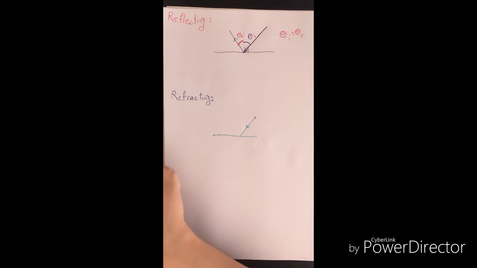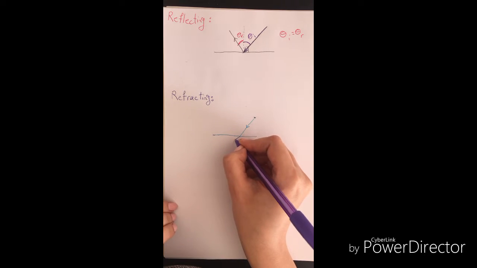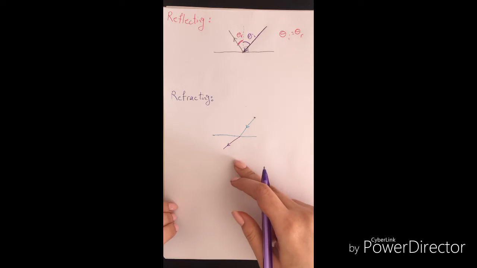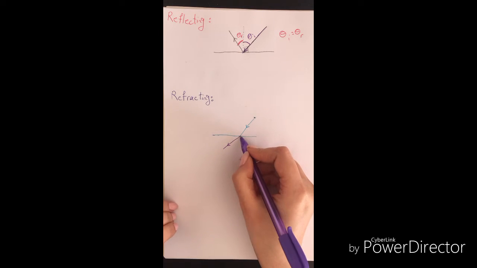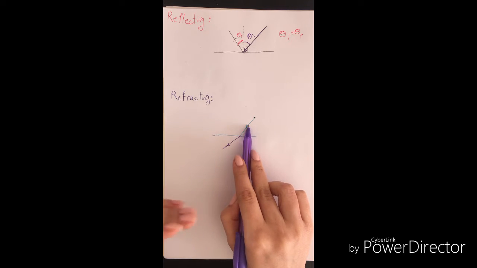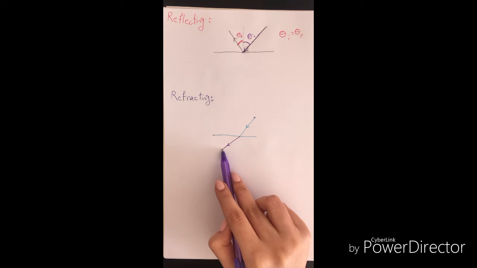This is a ray of light which hits the surface and then goes to the other side of the surface. It's like this. This one is the initial ray which hit the surface, and this is the refracting ray.